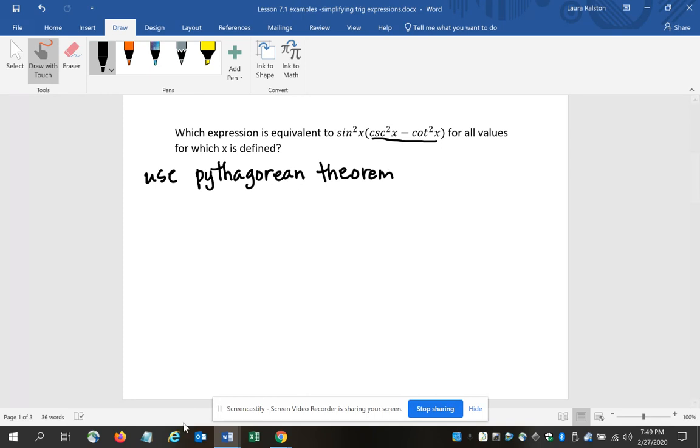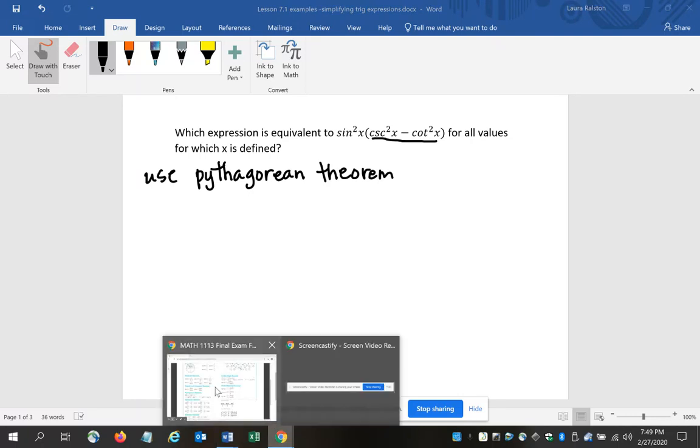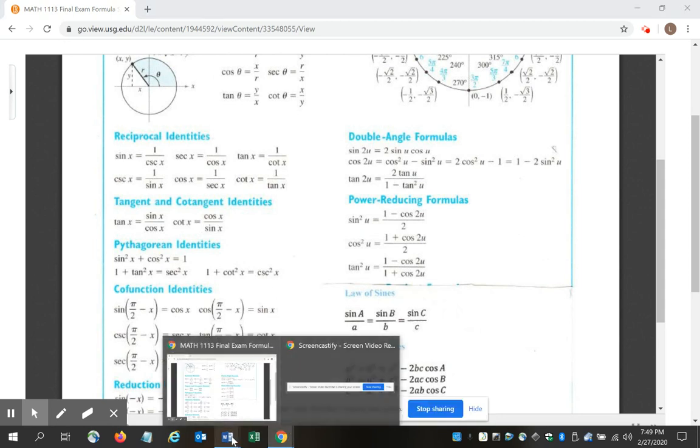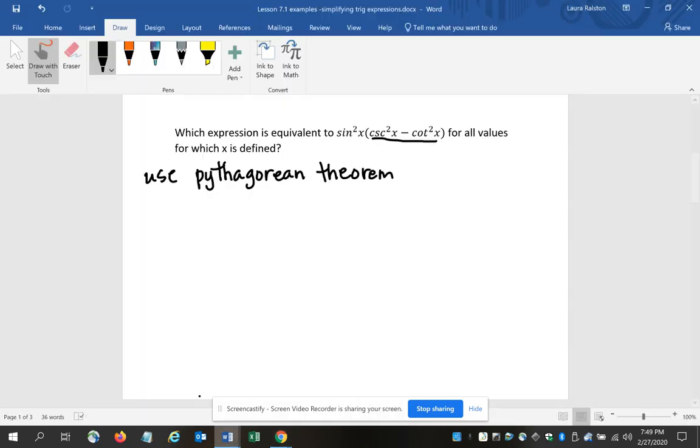Okay? So I'm going back to my formula sheet for a minute to look at the formula. My Pythagorean identity that involves cotangent and cosecant is 1 plus cotangent squared equals cosecant squared. So the Pythagorean identity that I want to use here is 1 plus cotangent squared x equals cosecant squared x.